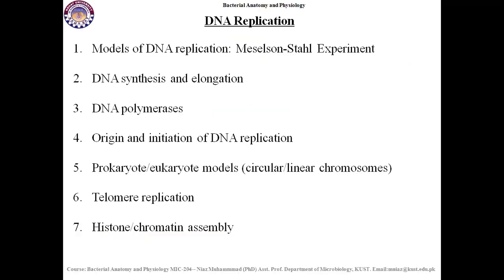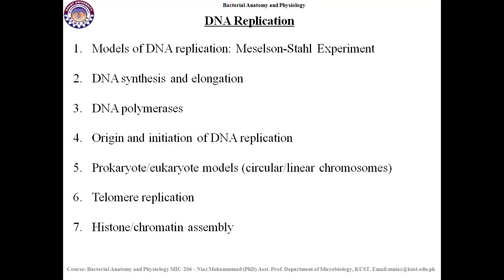So in DNA replication, we will discuss the models of DNA replication and Meselson and Stahl's experiment. DNA synthesis and elongation, we will talk about this. And the enzymes responsible for DNA replication, that is, DNA polymerases.